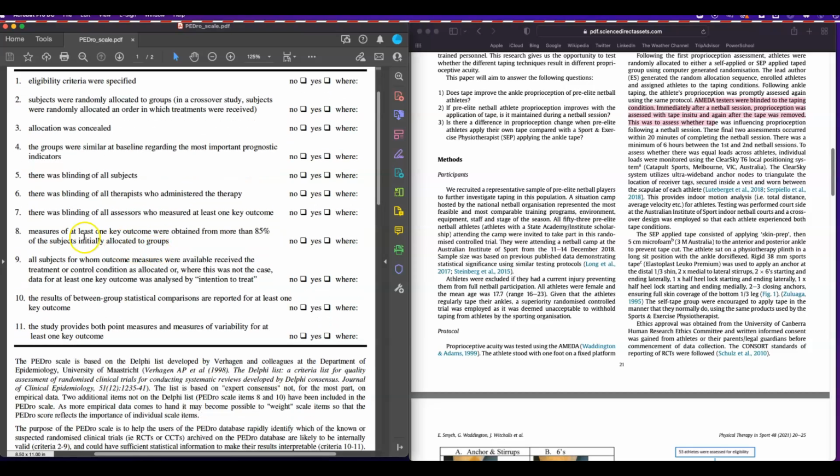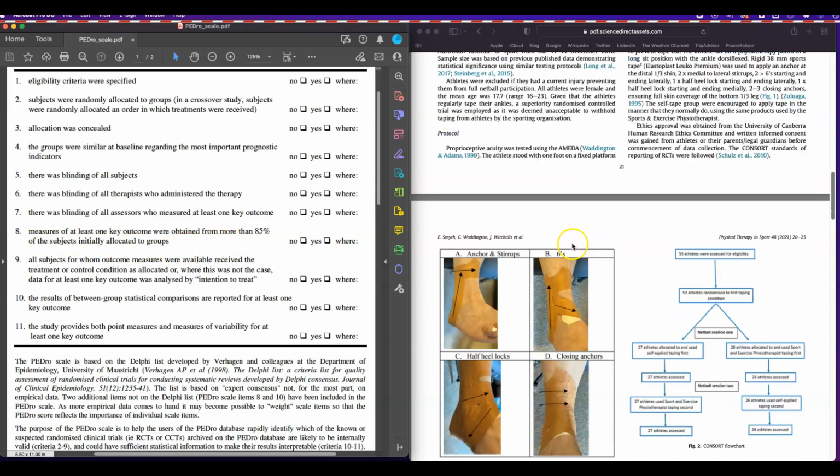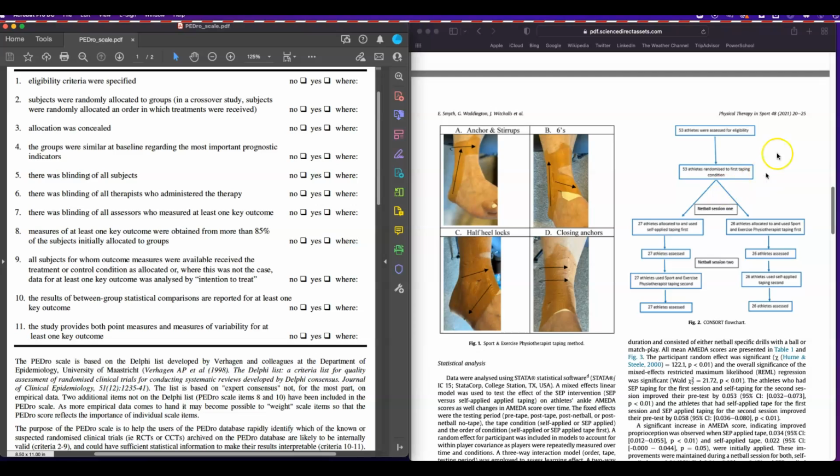Next, number 8, measures of at least one key outcome were obtained from more than 85% of the subjects initially. In this particular study, I chose to use their CONSORT flowchart. So what that means is we had 53 patients who were assessed for eligibility based on inclusion-exclusion criteria. We had 53 subjects actually get randomized into the 2 groups.